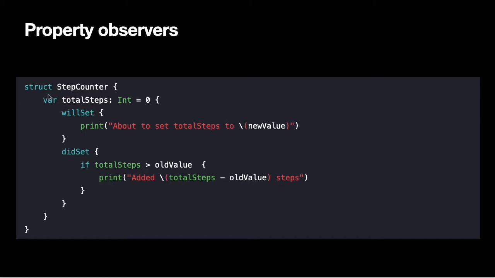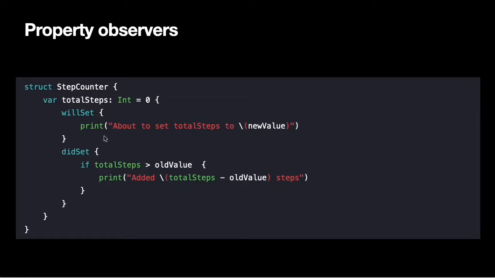A property observer would make no sense if it was a constant. Total steps is of type Int, and anytime it is set, just before it is set, this willSet will be executed, and then it'll print out the new value, and you can access the new value with newValue, NEW, then capital V ALUE.